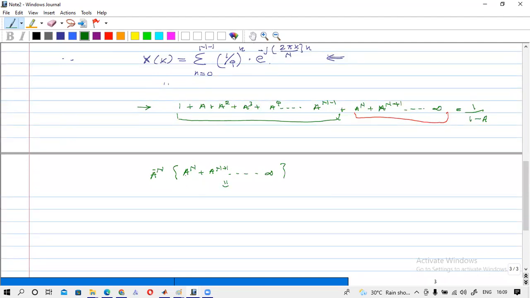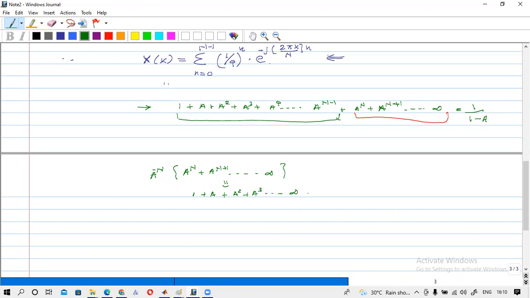So a^(-n) times a^n, I will get 1 because a to the power 0 is 1. Then a^(-n) times a^(n+1), the minus n cancels out, I will get a. Here I have a^(n+2), so I get a^2. Here a^(n+3), so n plus 3 minus n, I have a^3, and so on up to infinity again.